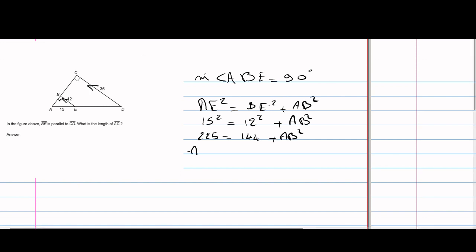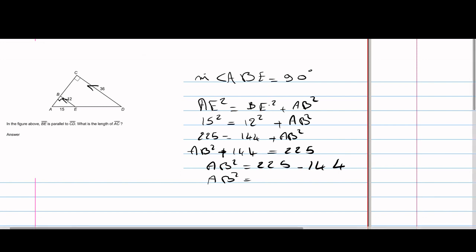I could write it as AB square plus 144 is equal to 225. AB square is 225 minus 144. AB square is equal to 81. That means AB is equal to square root of 81. AB is equal to 9.